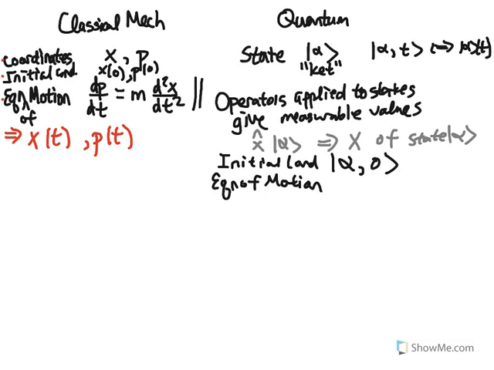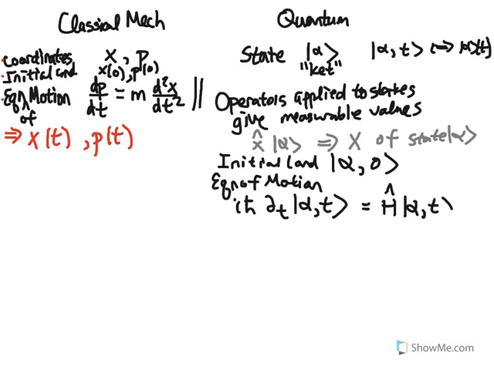So the equation of motion that I have is the Schrödinger equation, which I'm going to write like this: i h bar dt. So that's the partial derivative with respect to t of my state is equal to some operator times my state.